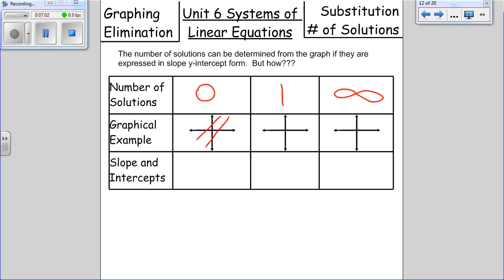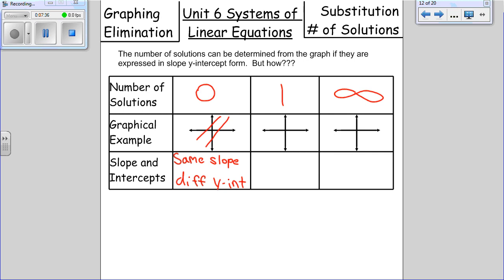That means to get no solutions, your lines have the same slope, different y-intercepts. Makes sense, right? If they have the same slope but different y-intercepts, they would never touch each other because they're always going up at the same rate.